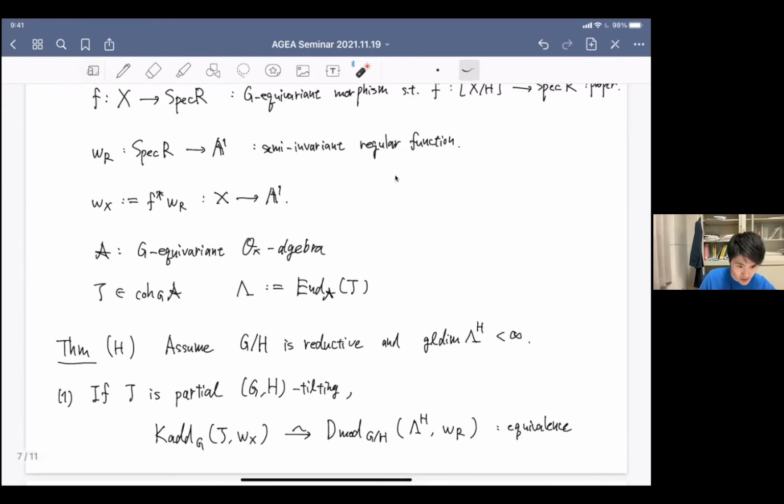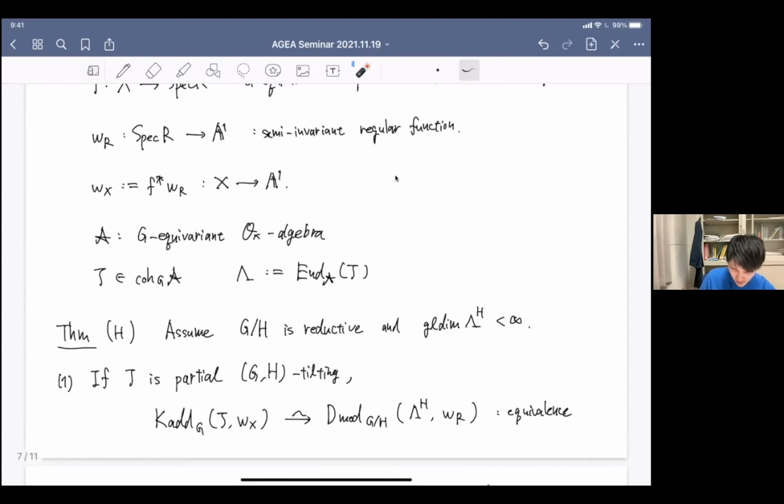The first statement is that if T is partial G-H tilting, then the similar right derived functor over F induces an equivalence between K add G T WX and D mod G over H lambda H WR.